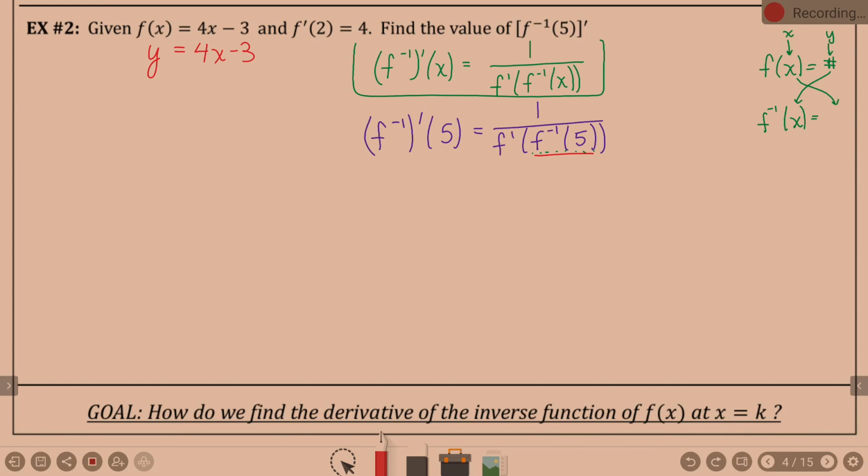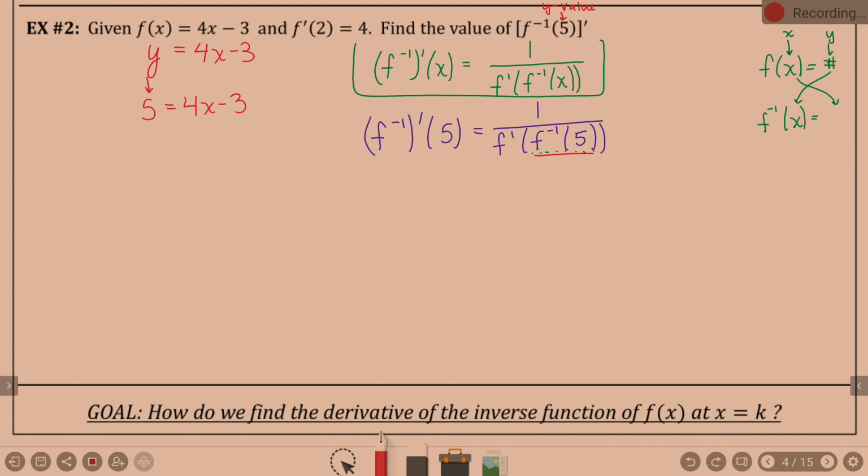And 5 is what kind of value? Because it's the input of an inverse, this is a y value. So how can I find x when y equals 5? We have the equation 4x minus 3 equals 5.